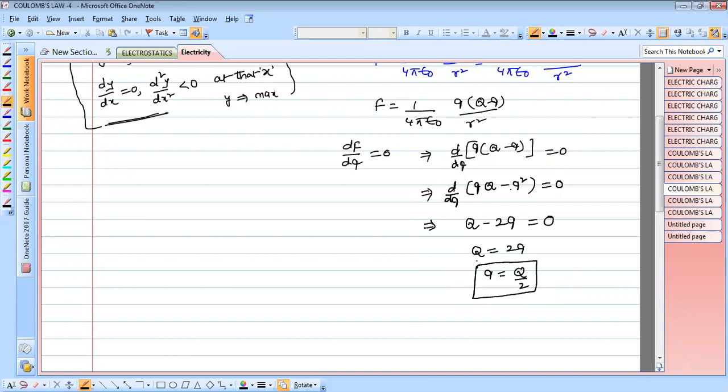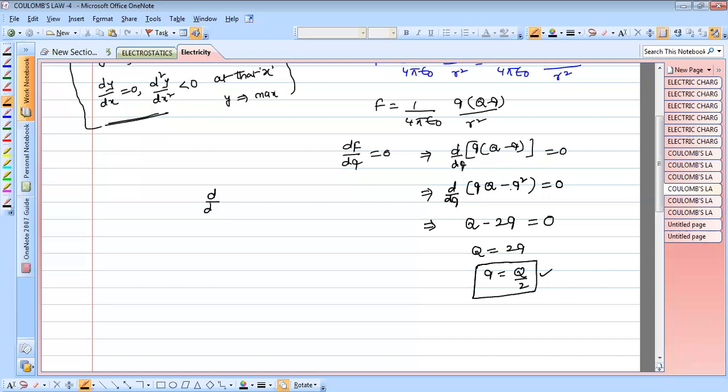But we have to check whether it is maxima or minima, because dy by dx equals 0 for maxima as well as for minima. Now we have to check which gives the maximum or minimum.